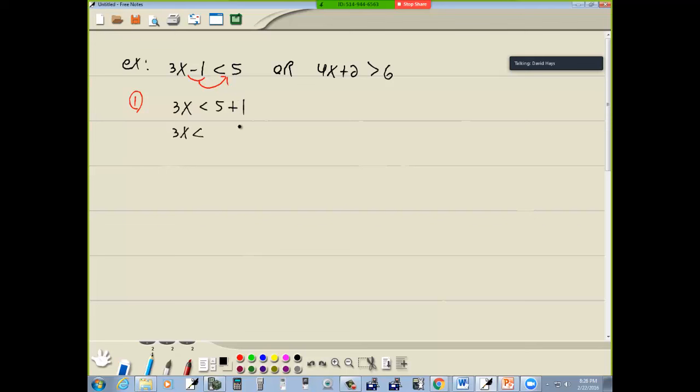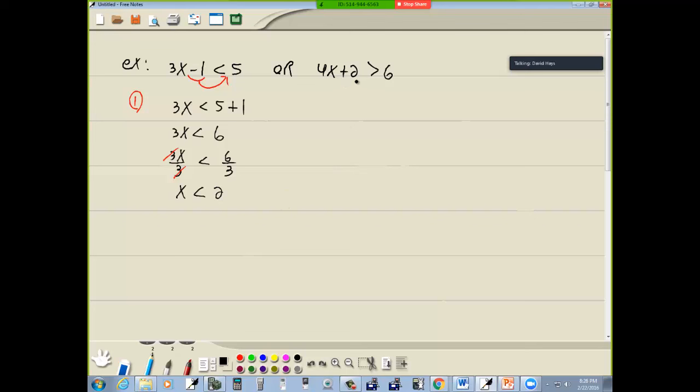Combine numbers: 5 plus 1 is 6. And then our last step of solving linear inequalities, divide both sides by the number in front of your x. So divide both sides by 3. Those 3's cancel, and 6 divided by 3 is 2.